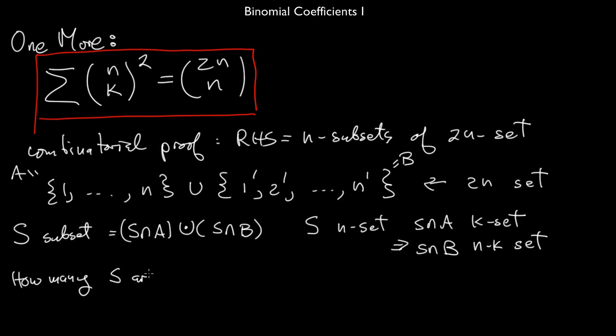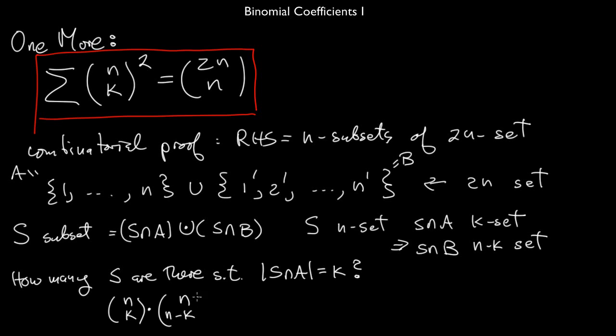So how many ways are there of choosing S such that the first part has k elements and the second part has n minus k? Well, the k elements from the first guy, there's n choose k of those. And then you have to choose n minus k from the second set.